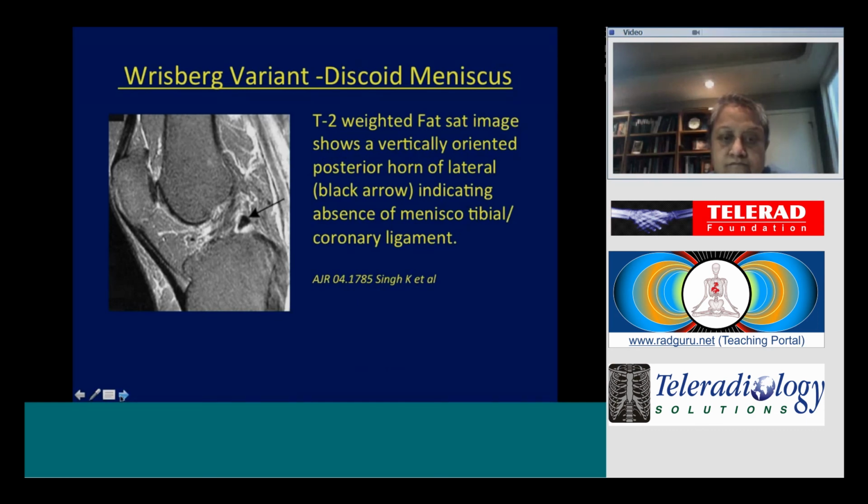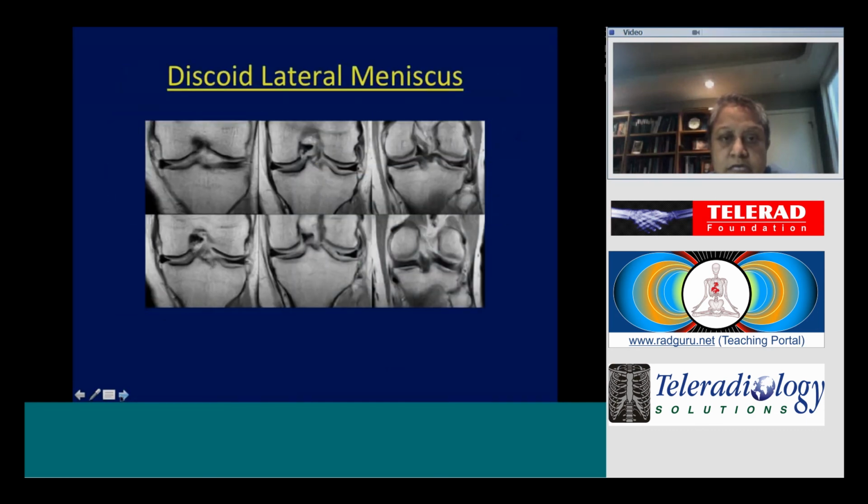Here are some more examples of the discoid lateral meniscus. As you're proceeding through, you will see that you never really get a paper-thin free edge, and it continues to be like a block rather than a triangular area of low signal intensity.